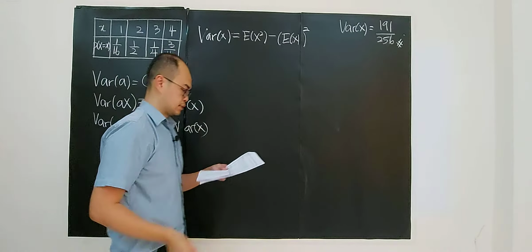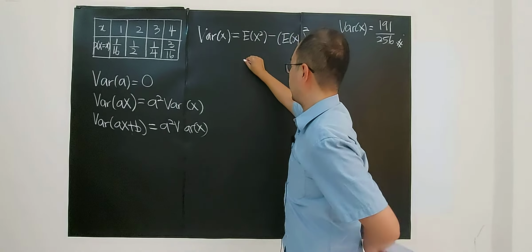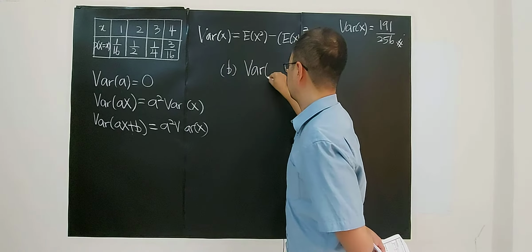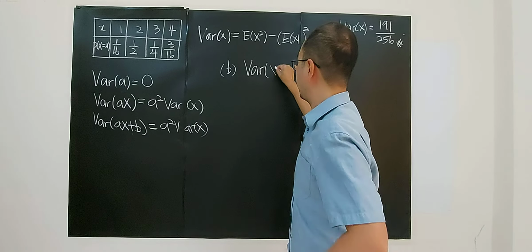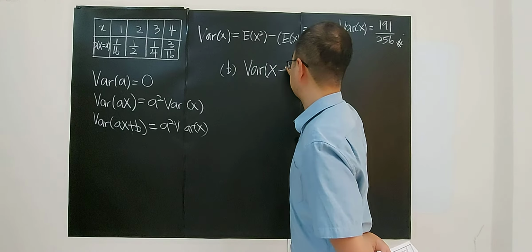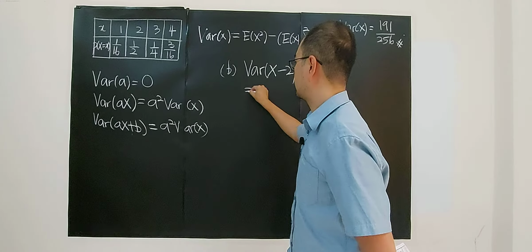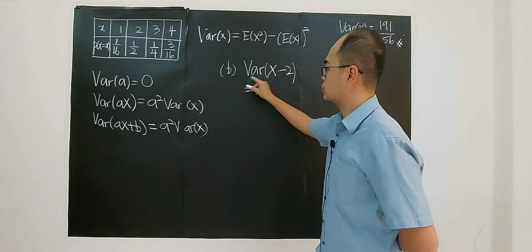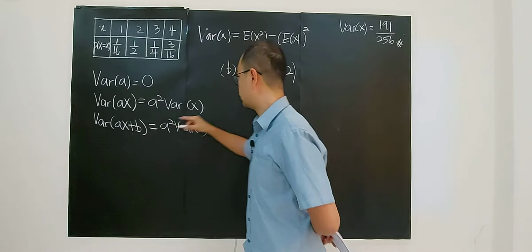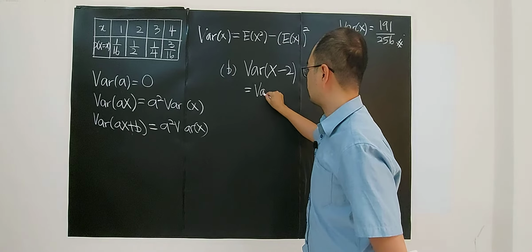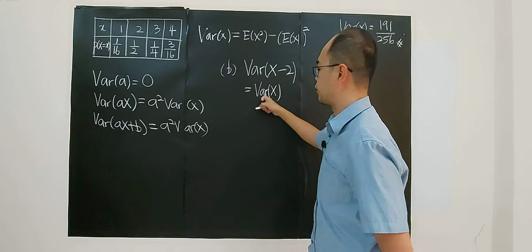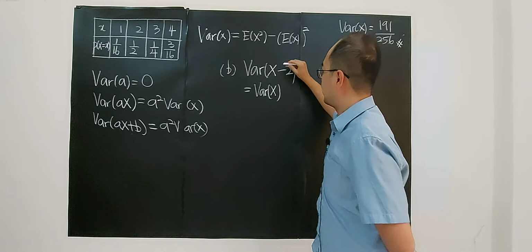The question asks you to find, for part B, the variance of x minus 2.